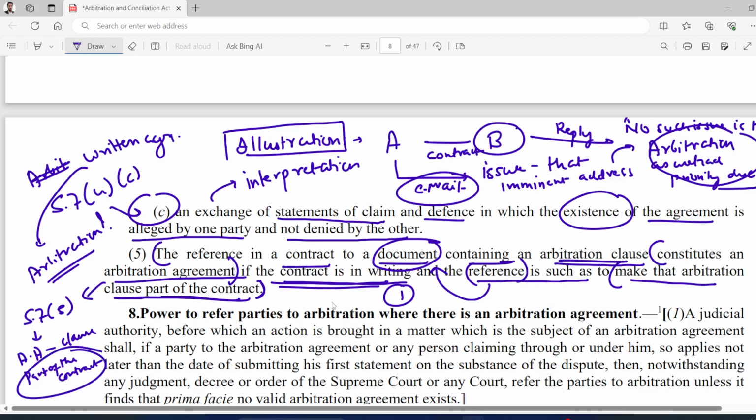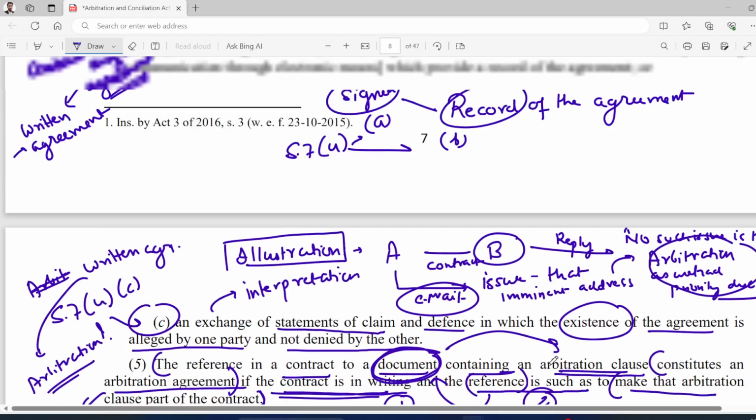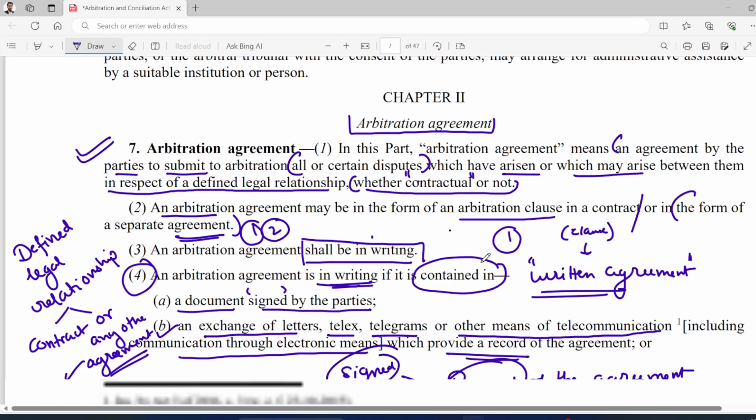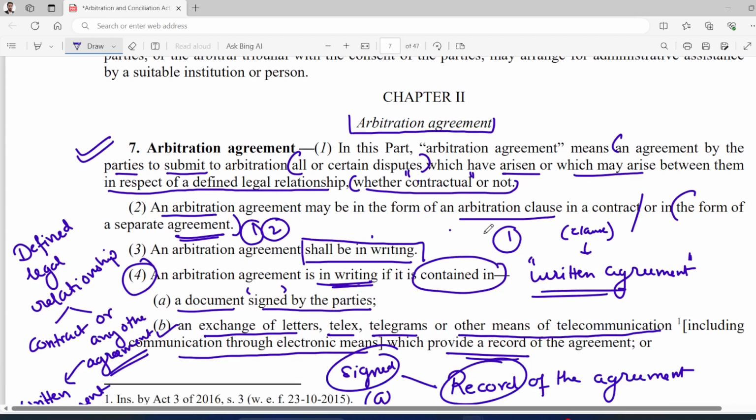If there is a contract and they are referring to a particular document which says that it has an arbitration clause, first we need it to be written, and the reference must be such that the arbitration clause is part of the contract. This is the second essential. So far in Section 7, let us try to summarize what we have discussed. Now, very simple.